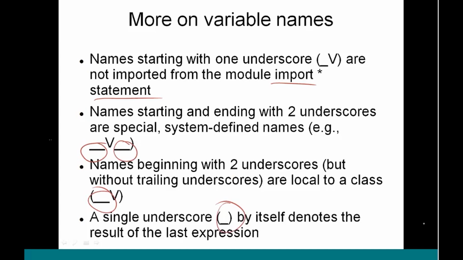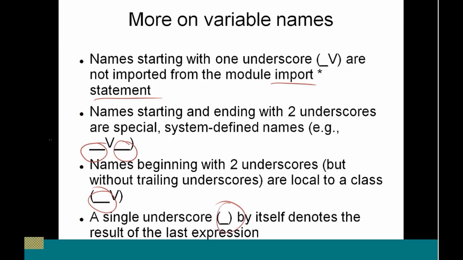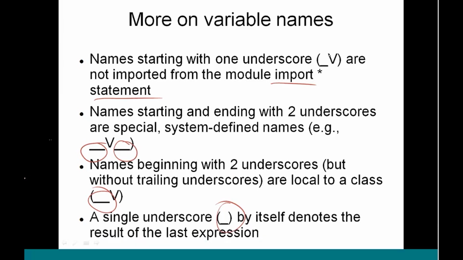We also saw some more rules for the variable names. A single underscore essentially shows that they're not imported from the module import statement, and a name starting with double underscore is a special or system defined name.